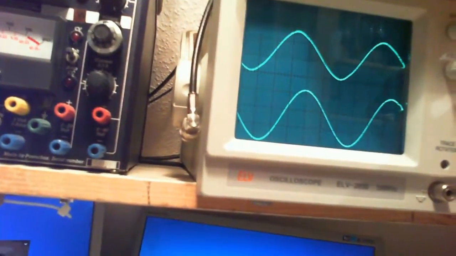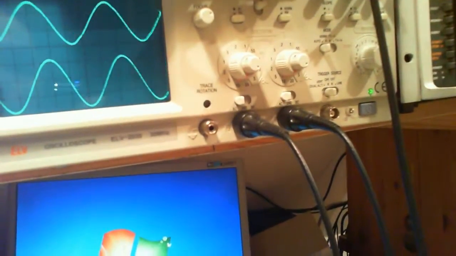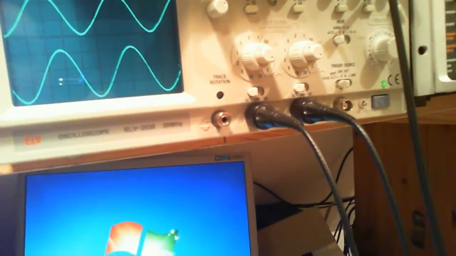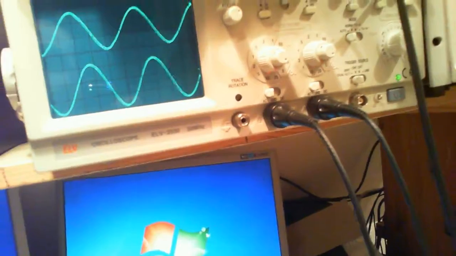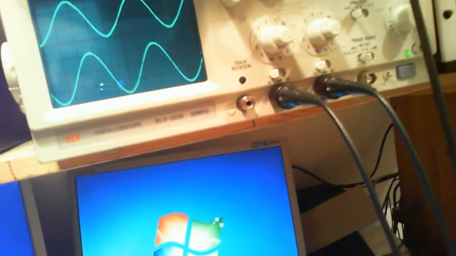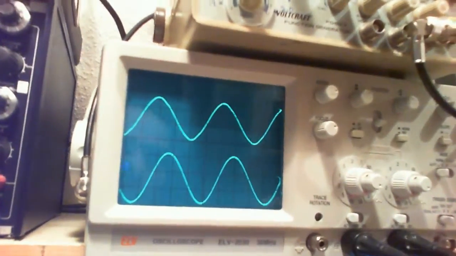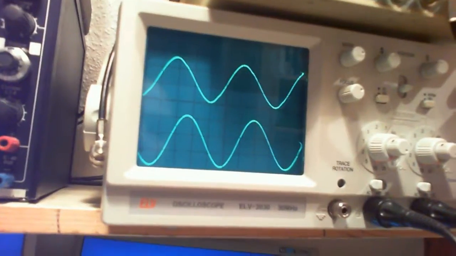But if I increase the frequency, you see the output starts going down from here. So it's about 1.148 megahertz. If you want to see the frequency here, you can actually read it here.